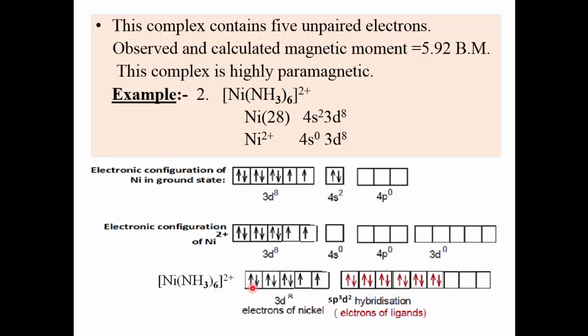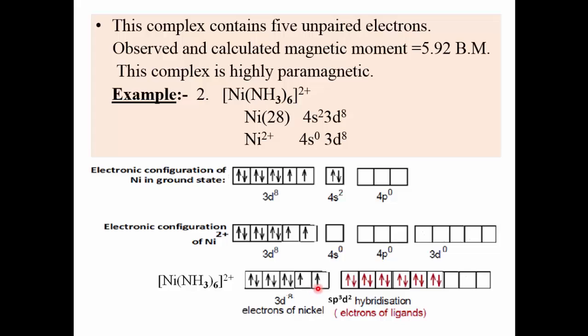This is 4d. Now see, there is a combination of the 1s orbital, 3p orbitals and 2d orbitals. So there is formation of sp3d2 hybrid orbitals. 6 hybrid orbitals are formed, in which 6 ammonia molecules donate 6 electron pairs, and there is formation of this complex. 3d contains 8 electrons. These electrons remain as they are.